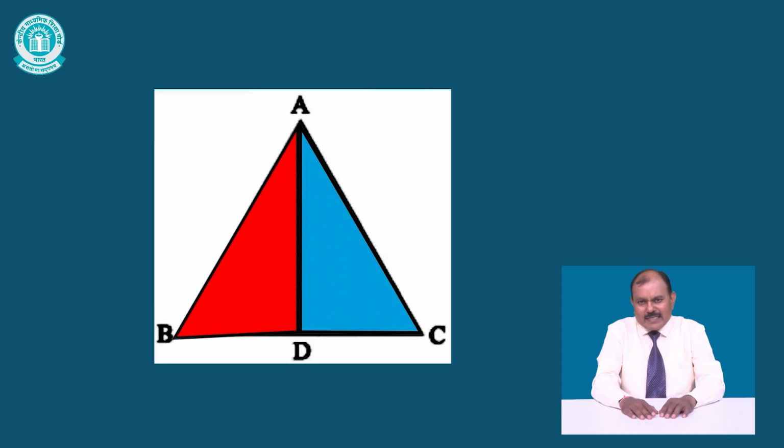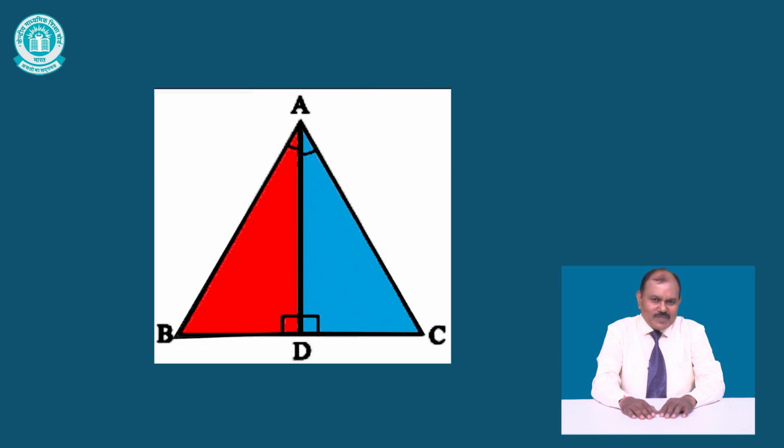The side AC covers side AB completely. So, AC equals AB. So, the sides opposite to equal angles are equal.